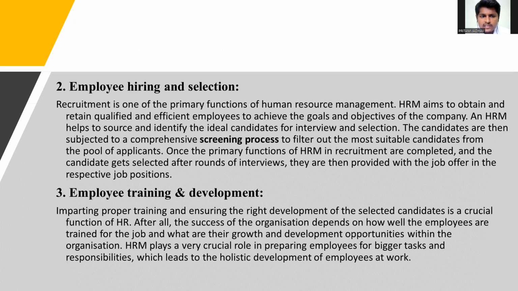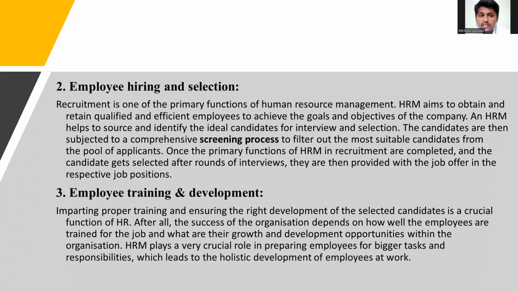Second, employee hiring and selection. Recruitment is one of the primary functions of human resource management. HRM aims to obtain and retain qualified and efficient employees to achieve the goals and objectives of the company. HRM helps to source and identify the ideal candidates for interview and selection.